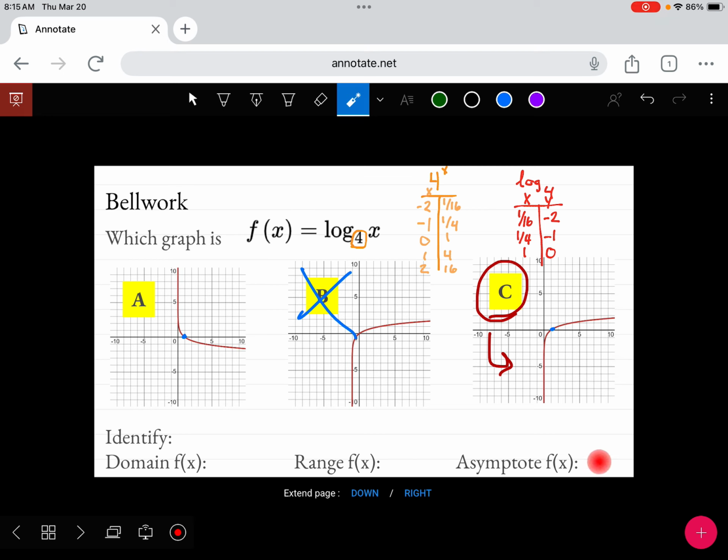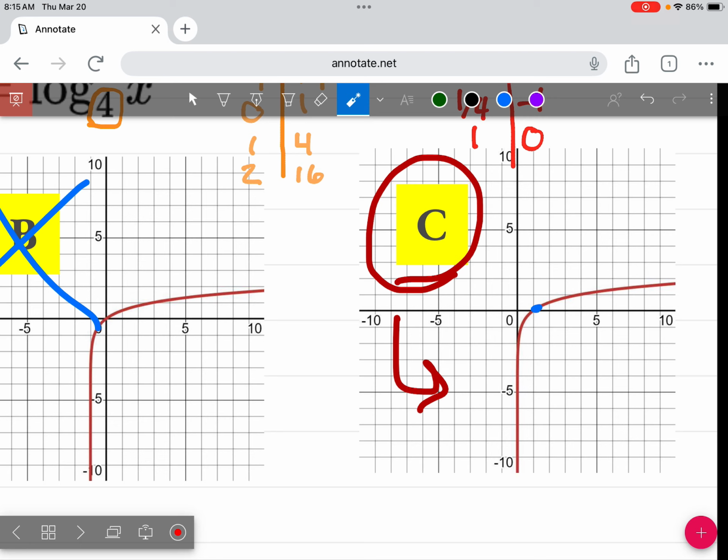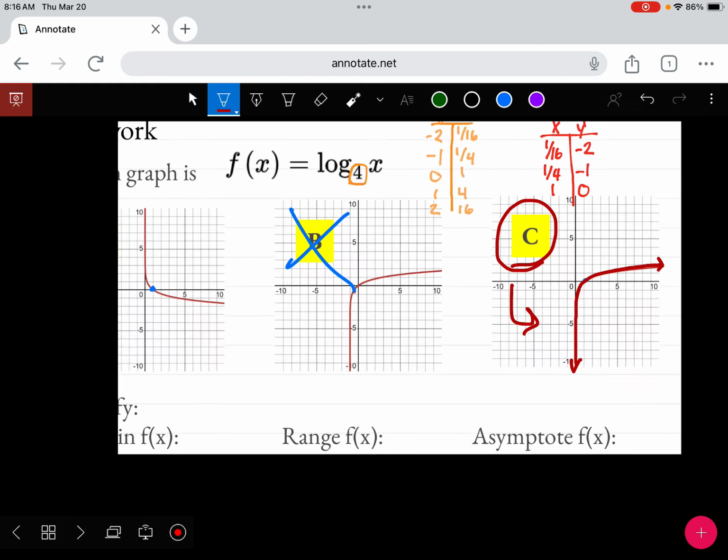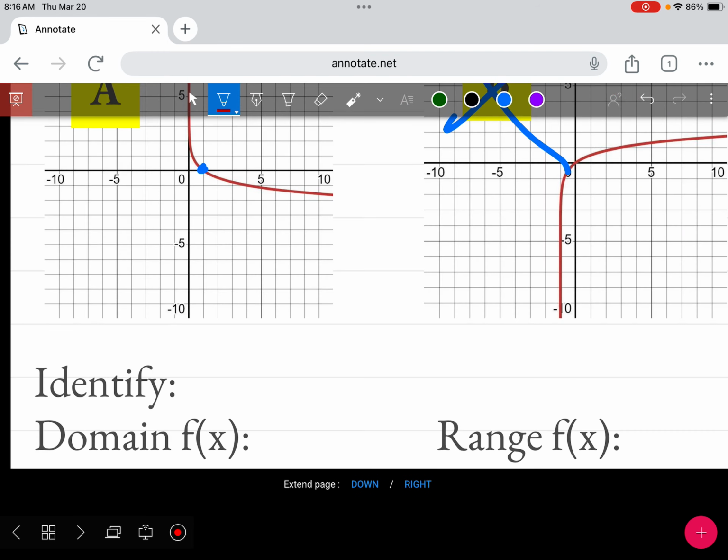And then we have 3 questions about this particular function. We want to see our domain, our range, and where is the asymptote. So what is our domain of this graph here? So definitely it's going to positive infinity, but what is our left side of it going to be at?